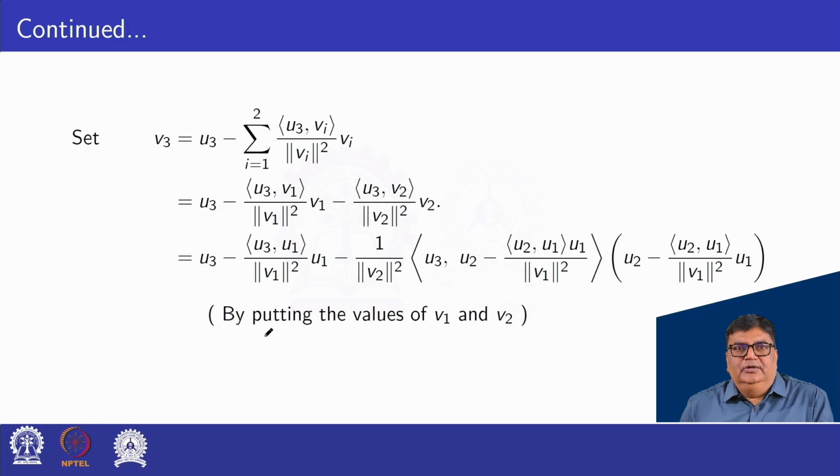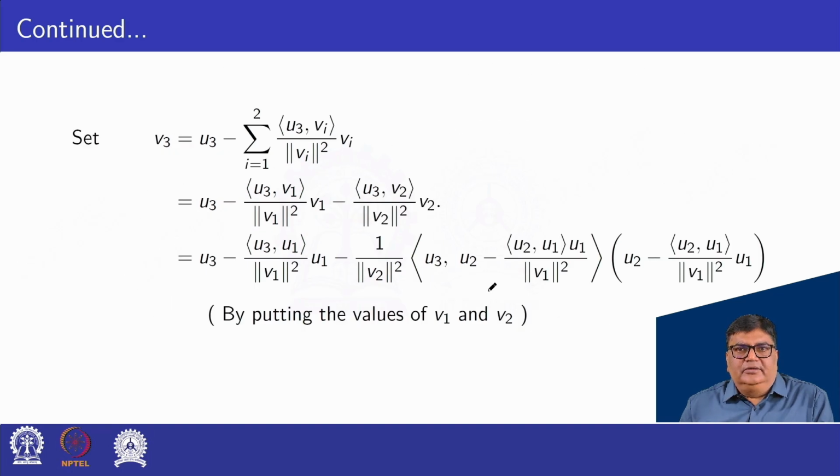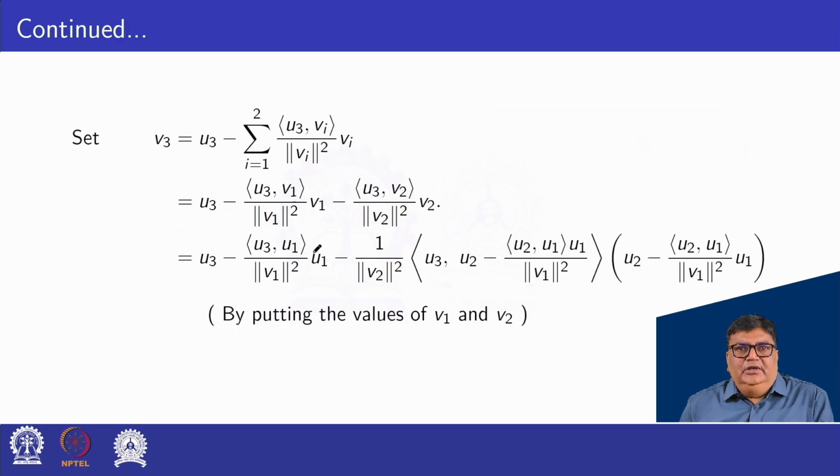Okay, by putting the values of V1 and V2. So solving this, we get this one. Okay, here this and this as it is, and this is 1 upon norm of V2 squared, and this is the inner product of this U3 and U2 plus this.